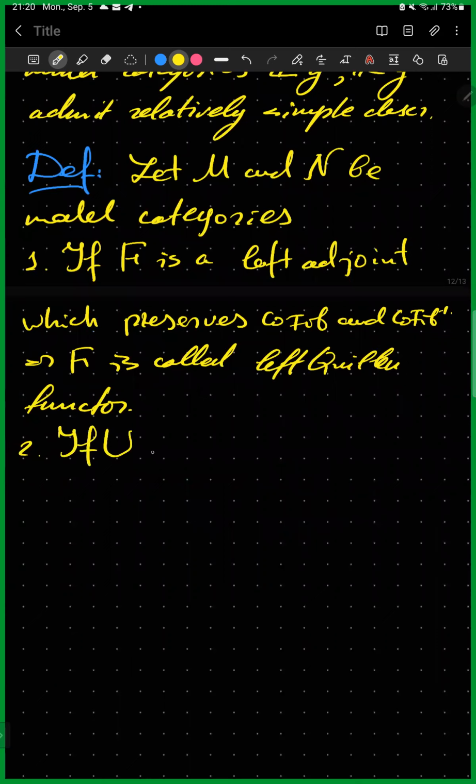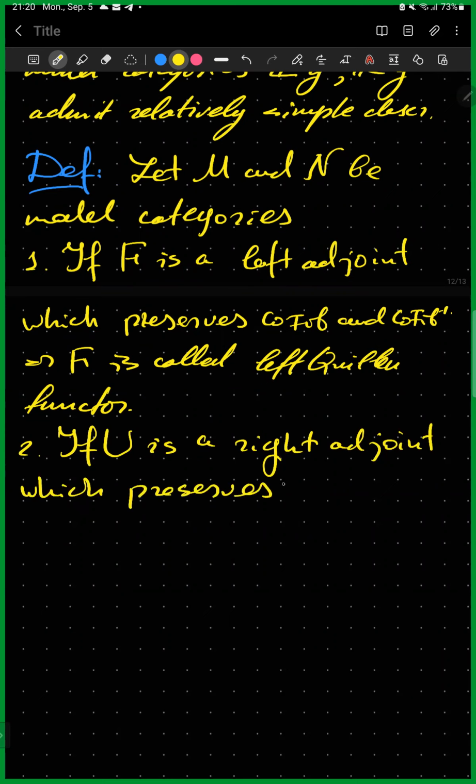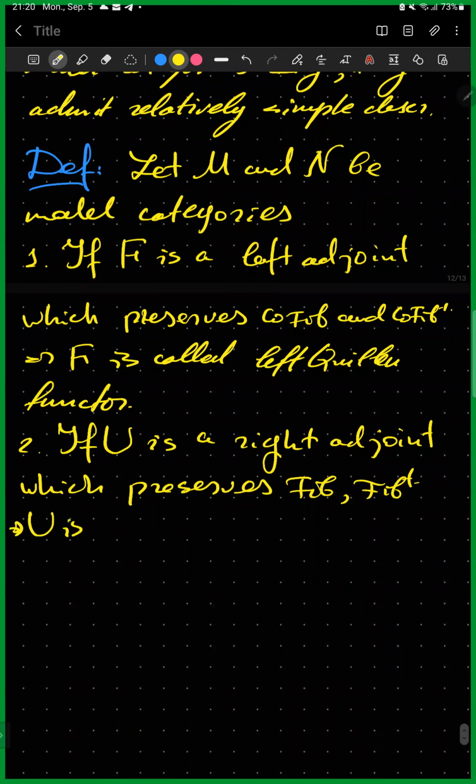If U is a right adjoint which preserves fibrations and trivial fibrations, then U is called a right Quillen functor.